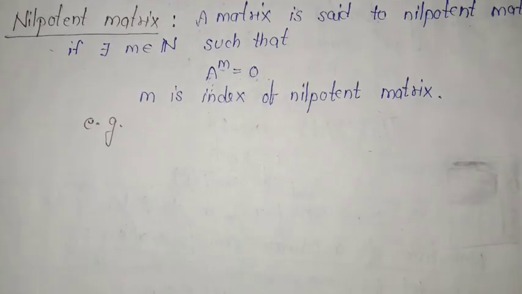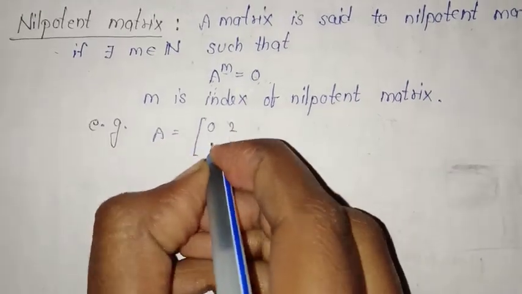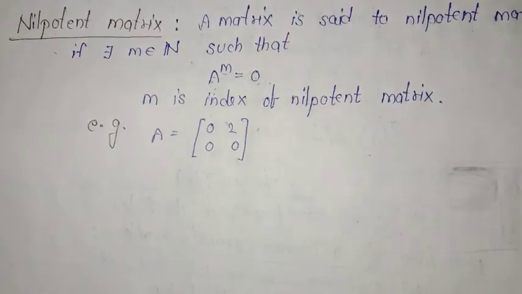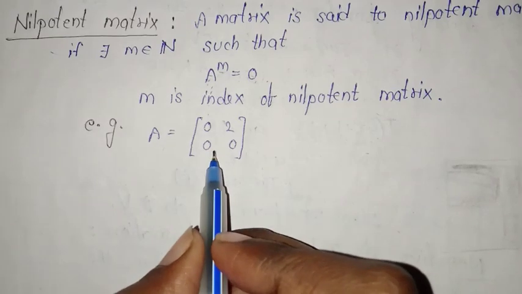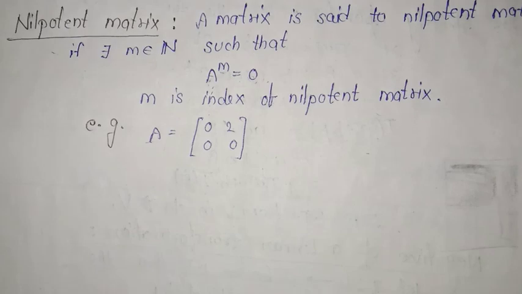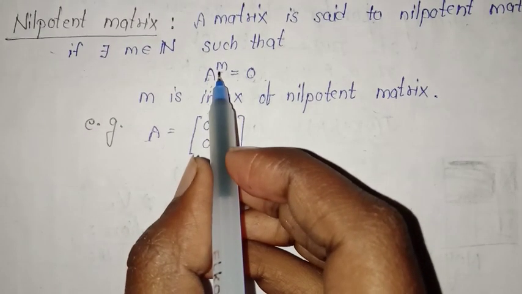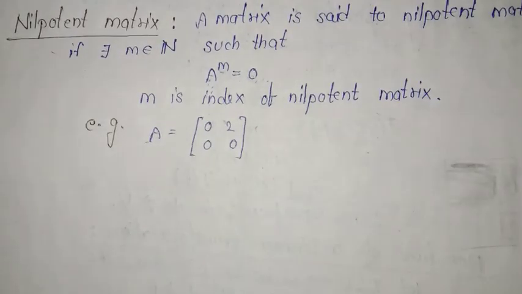If we take a 2 cross 2 matrix, 0 2 0 0. Now if it is a nilpotent matrix, then after taking the integral powers of this matrix it becomes 0, and the time when it becomes 0 we say that is the index of the nilpotent matrix.